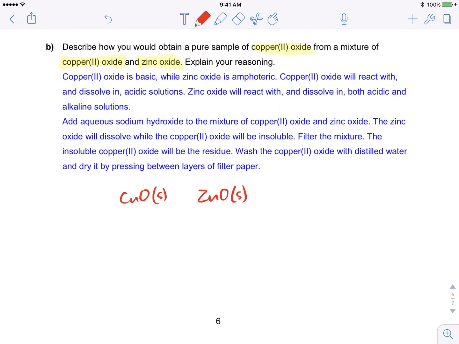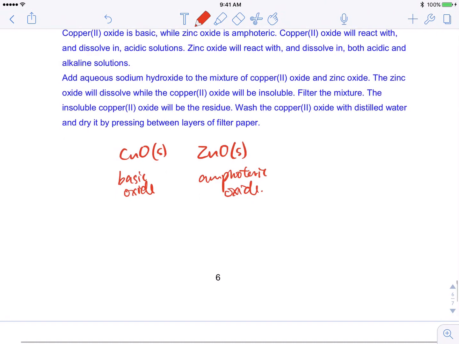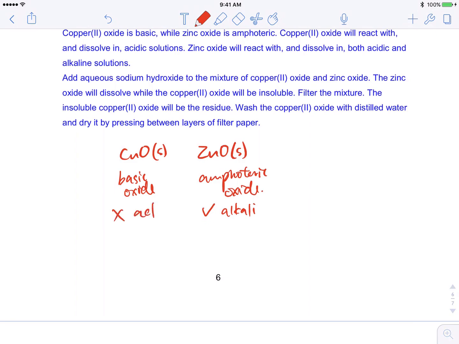You should know that this is a basic oxide. This is amphoteric. Are there any differences in their reaction? I know that this reacts with an alkali, but this does not react with alkali.